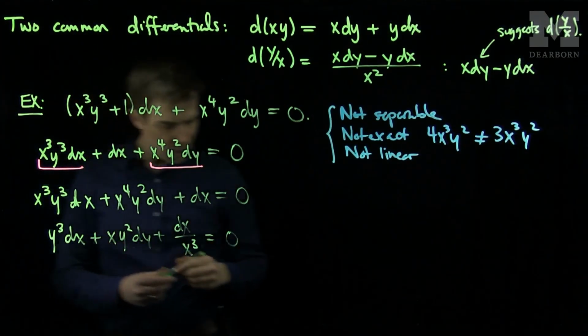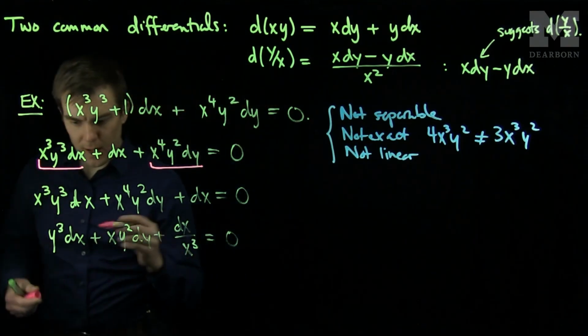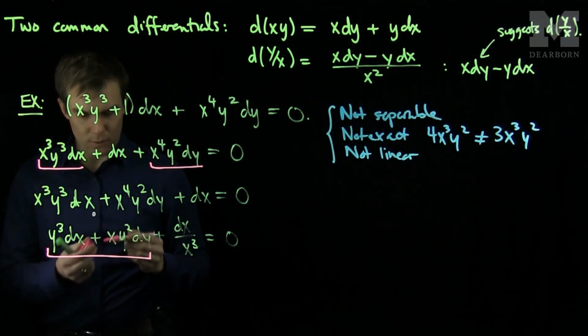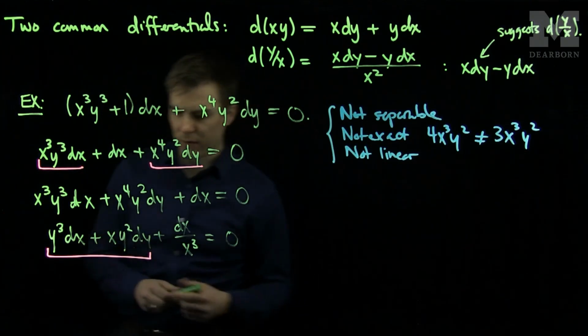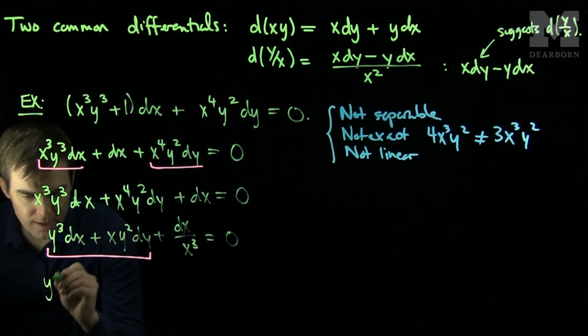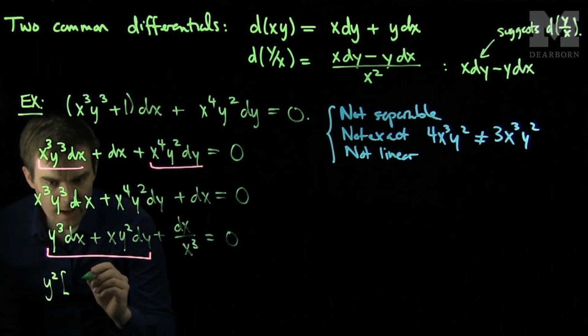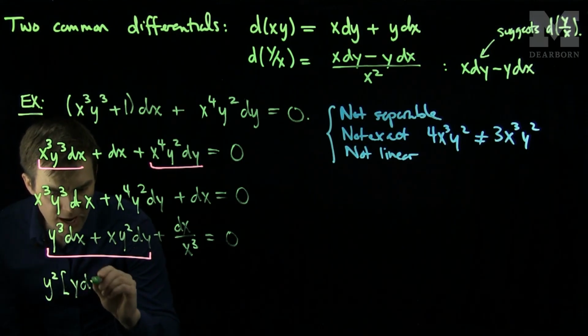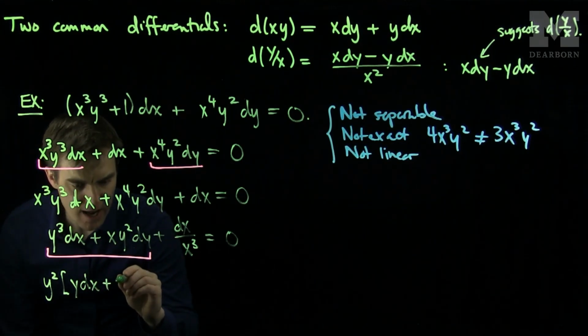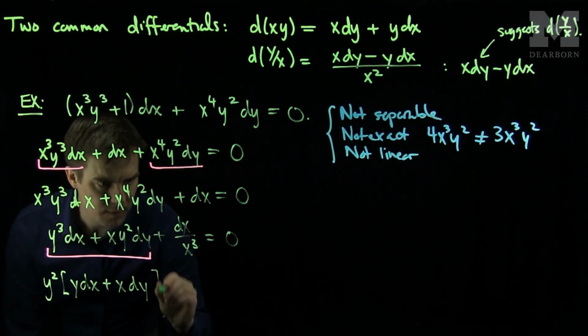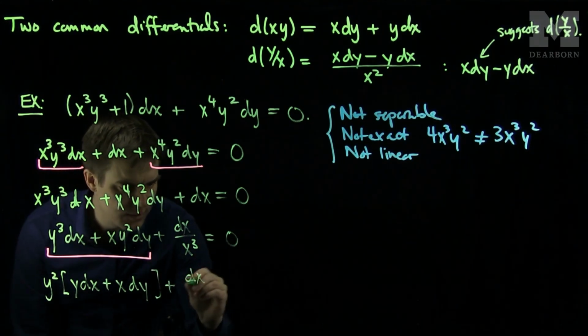And now from these two terms, I will pull out a common factor of y squared. So I'll have y squared times (y dx plus x dy) plus dx over x cubed equals 0.